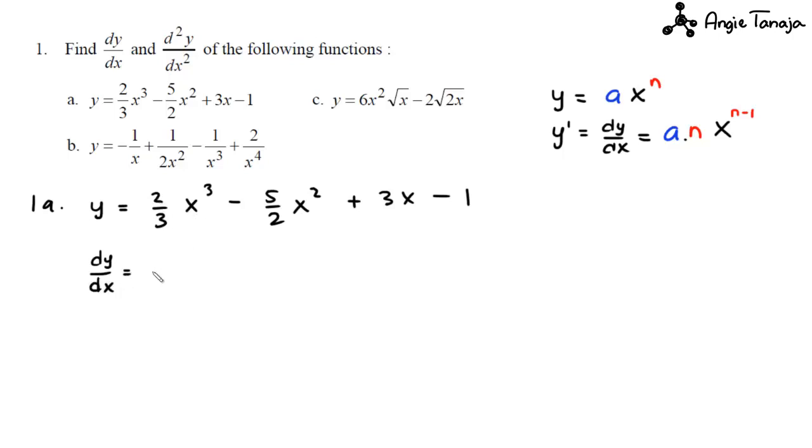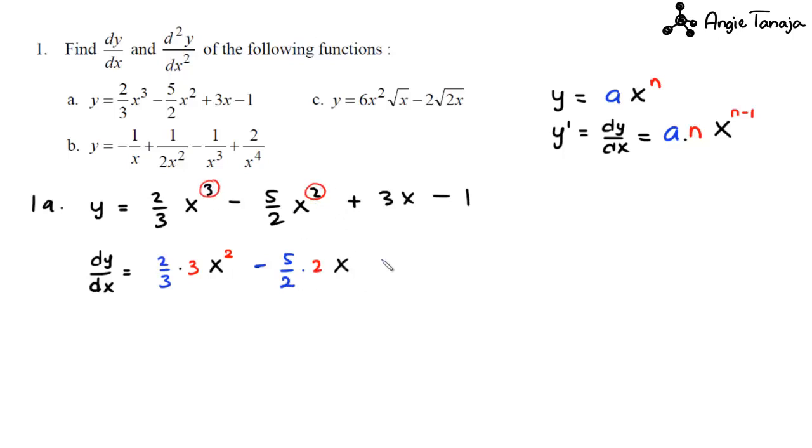So this will be 2/3 times 3 from here, and now this exponent becomes 2. And then minus 5 over 2 times 2 from here, x to the 1.